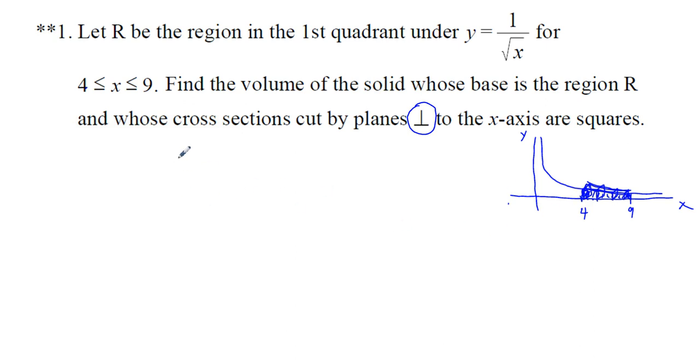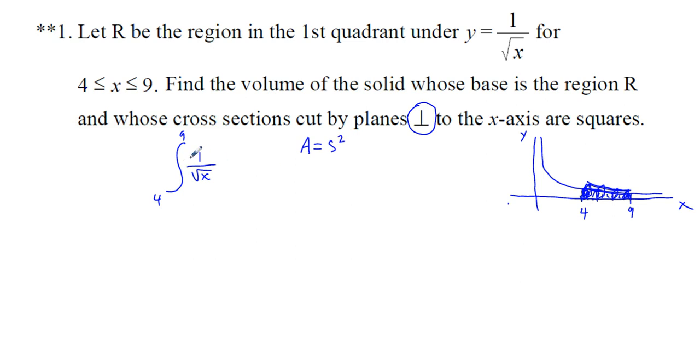So what you're going to do is take this base, and we're going to integrate from 4 to 9, and we're going to take this function here, 1 over square root of x, and the area of a square is going to be s squared.